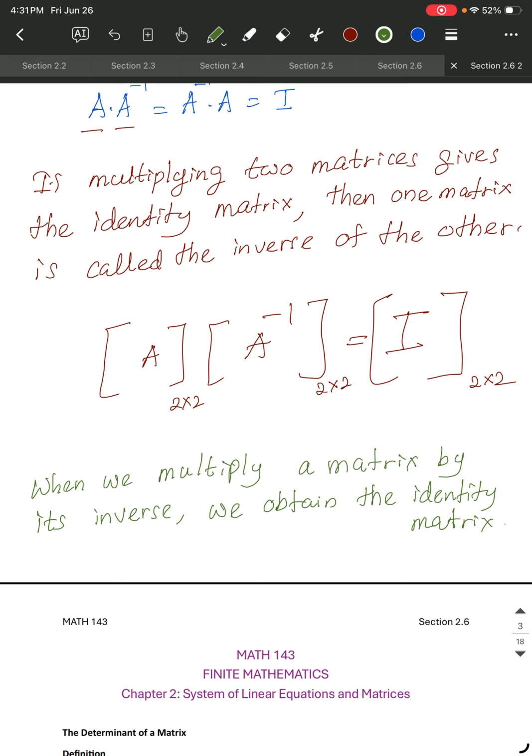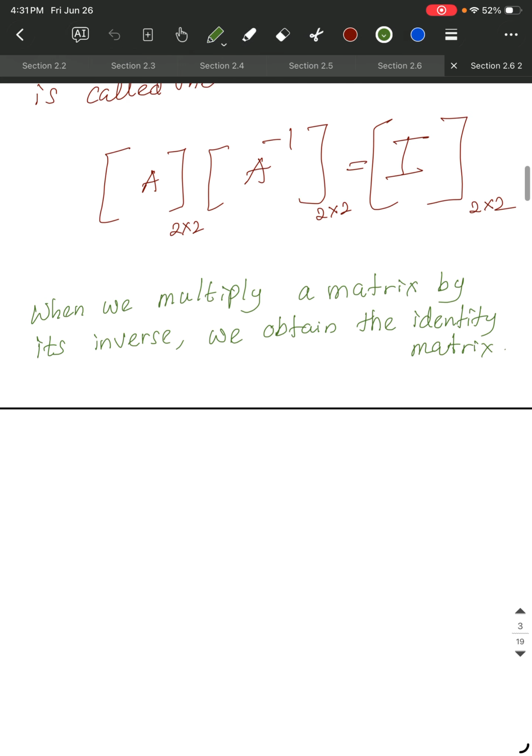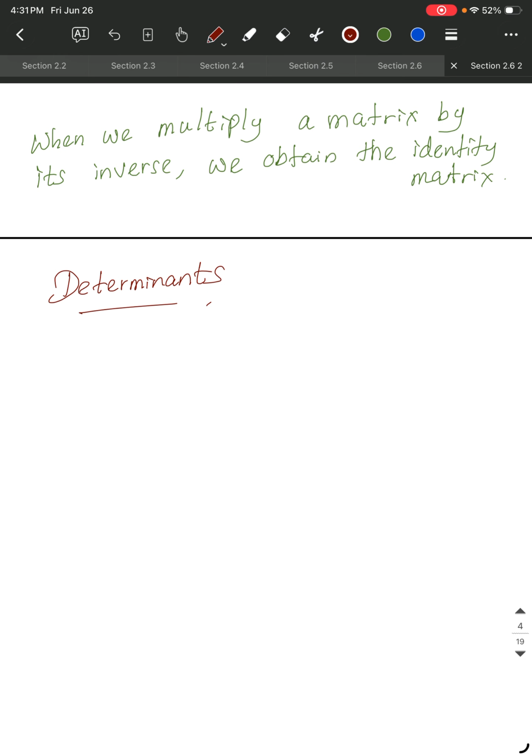Okay, next. What is the determinant? Before that, I wanted to ask, does every square matrix have an inverse?